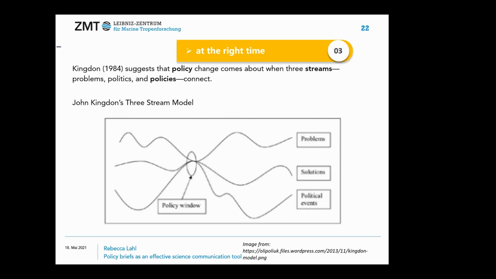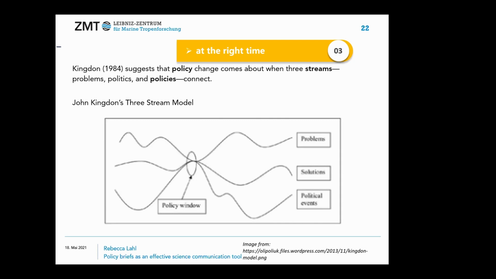So in the problem stream, the awareness or the identification of a problem develops. For example, marine plastic pollution is a problem. In the solution stream is where we develop proposals to overcome the problems. For example, that would be a ban on plastic bags or something like that.